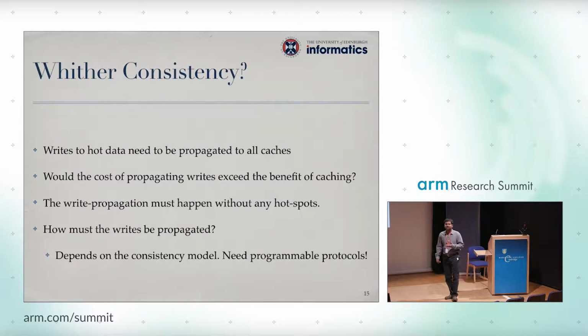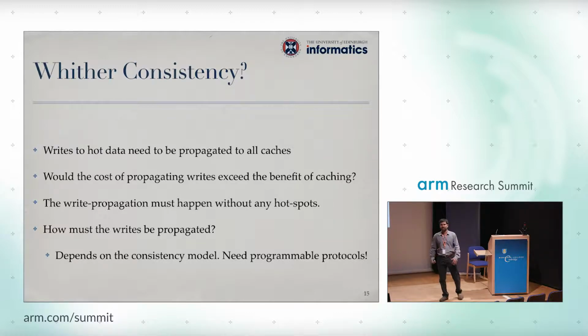So then the problem is, what about consistency? Obviously, things would work fine if there is only read-only data, but writes do happen in these workloads. All the writes to the hot data would need to be propagated and made visible to all other caches or replicas. So the question is, would the cost of propagating these writes exceed the benefit provided by caching?